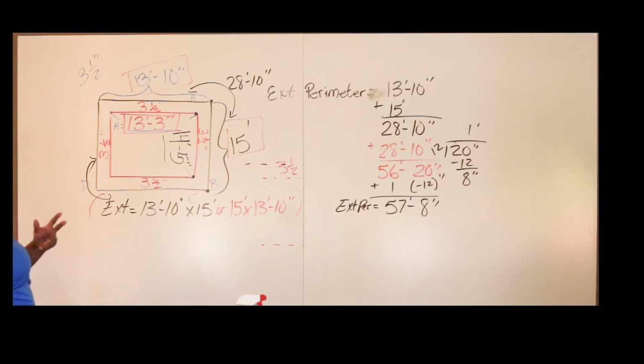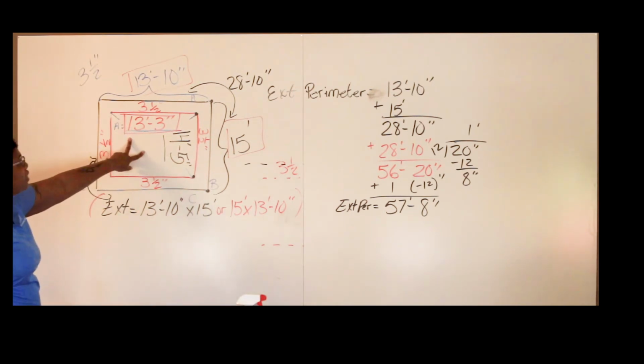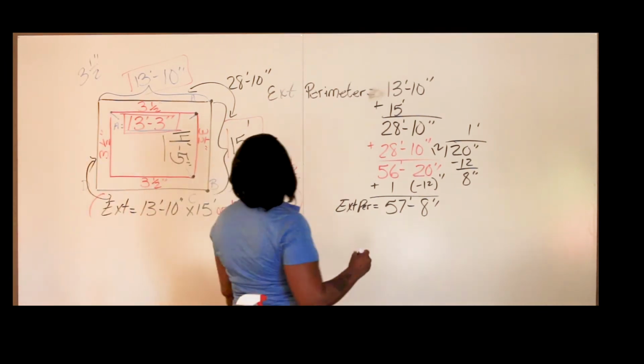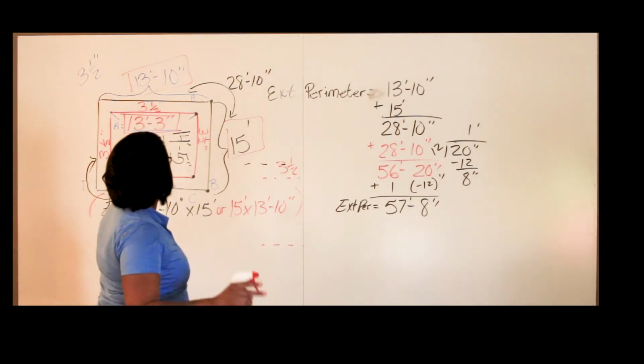If I wanted to find an interior perimeter, I do the same thing here. Interior, I would take the 13 feet, 3 inches. Let's make space.